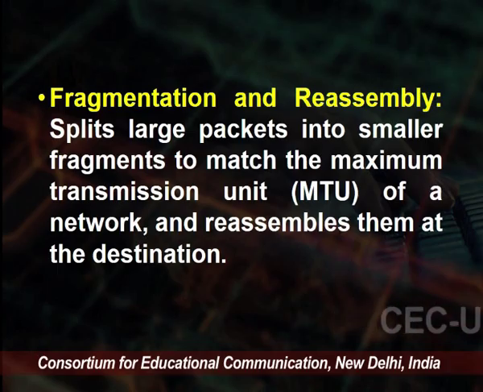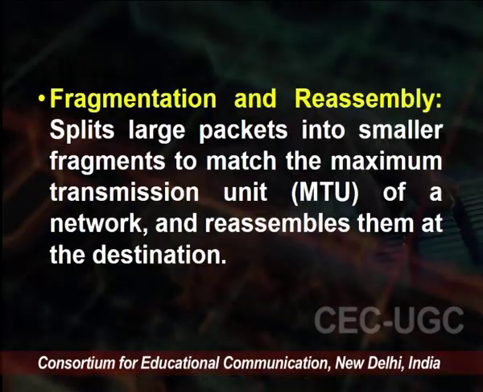So, moving forward, in the previous lecture we looked into the difference of routing and flooding, and here we are going to take the next functionality of the network layer. The next functionality of the network layer is fragmentation and reassembly of packets.